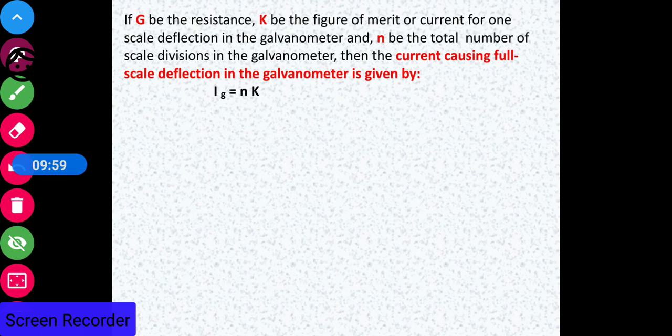Now let G be the resistance of the galvanometer, K be the figure of merit, meaning the current for one scale deflection in the galvanometer, and N be the total number of scale divisions of the galvanometer. Then the current causing full scale deflection will be given by Ig = NK.